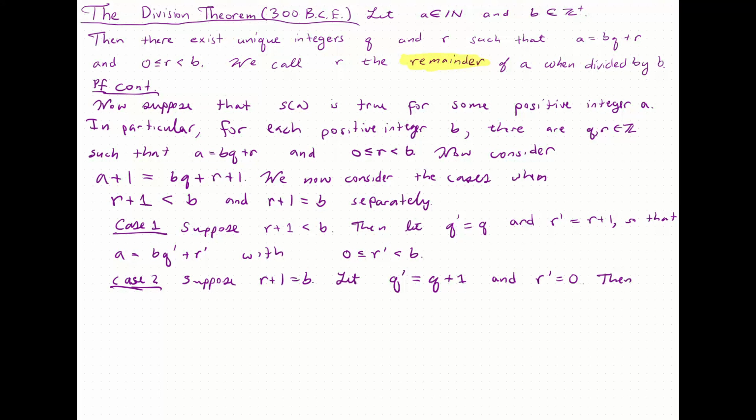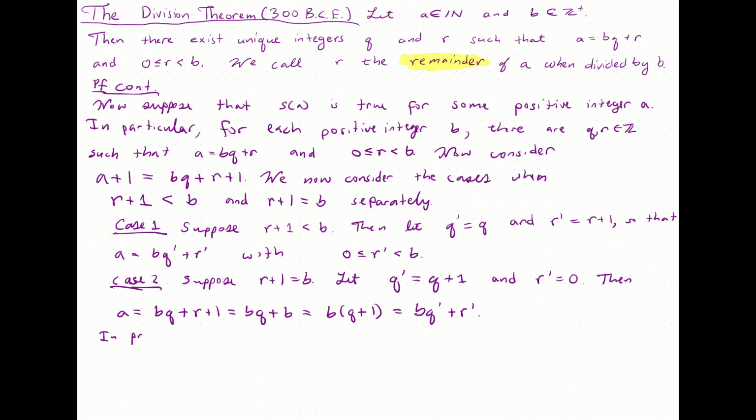Then A plus 1 is now equal to B times Q plus R plus 1. And now R plus 1 is equal to B, so this becomes BQ plus B, which is equal to B times Q plus 1 upon factoring out the B, which is the same as B times Q prime plus R prime. And so we are done with this case.